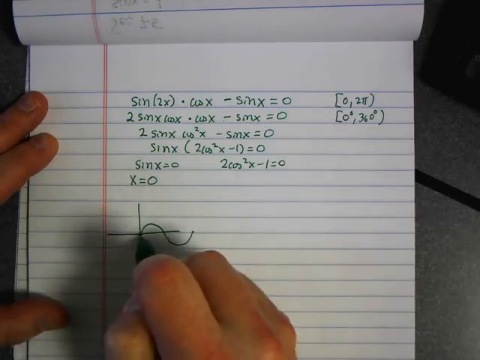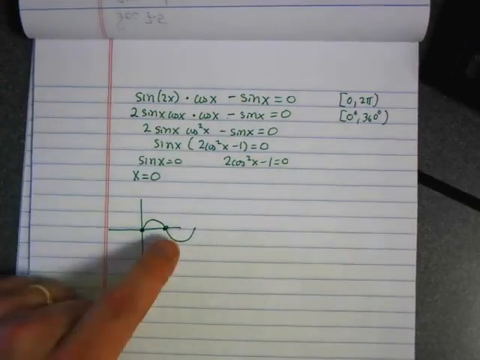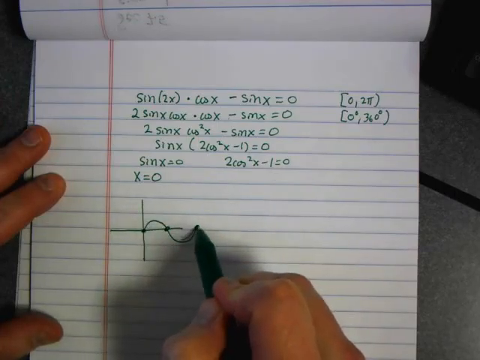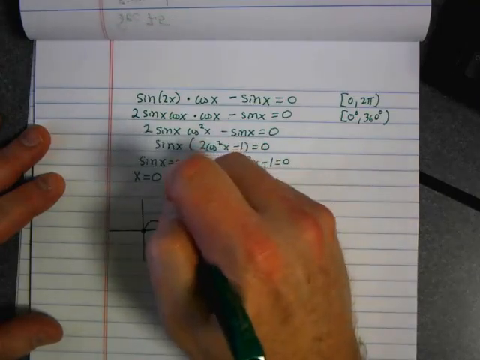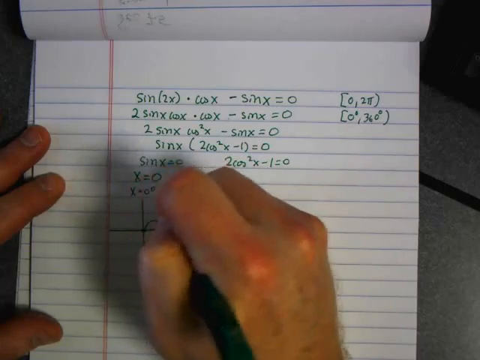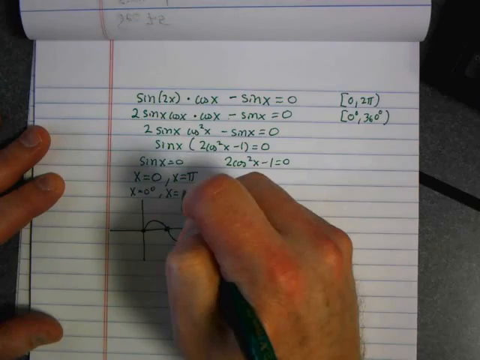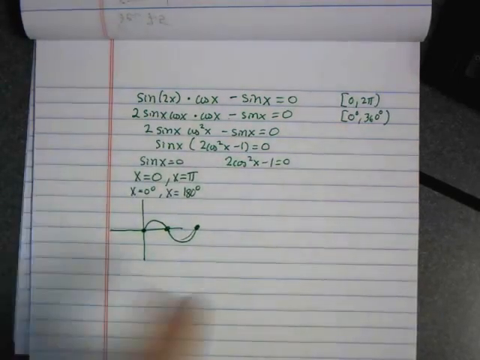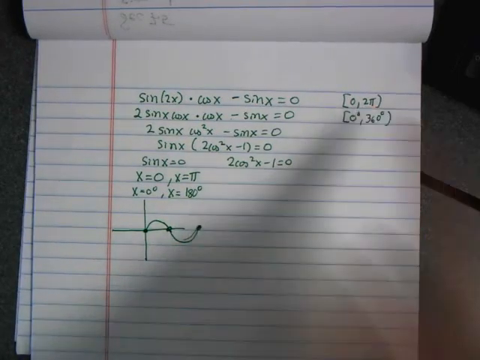So it's 0 right here. It's also 0 right there. 2 pi is this one over here because it does one complete cycle in 2 pi. So where's that one? That's at pi. In degrees, pi is 180 degrees. All right, so there's that part. And then this one is 2 pi, but we don't want 2 pi because we're stopping before 2 pi.